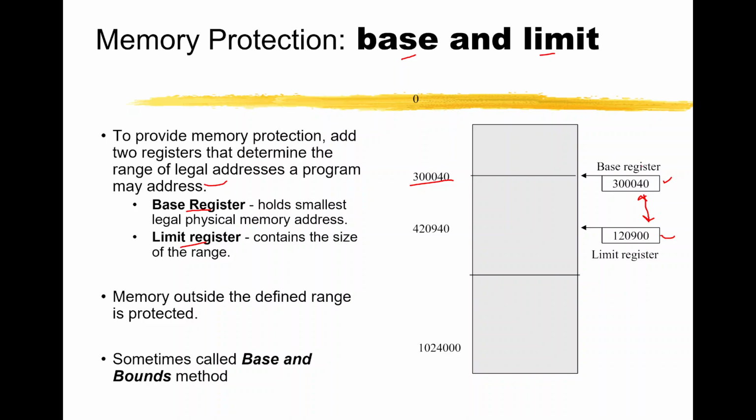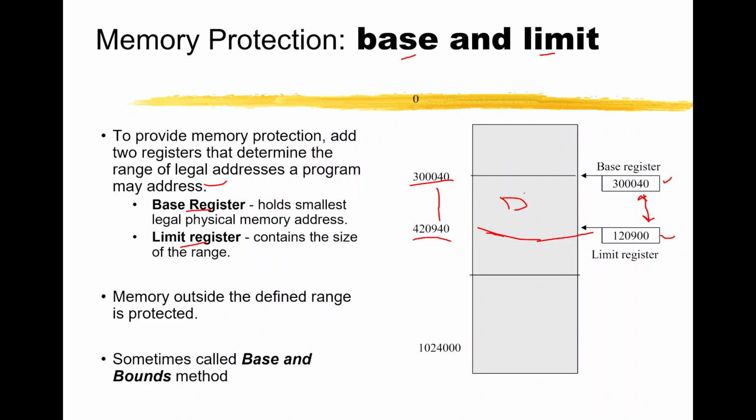So the base is where it starts, and the limit is how long it is, and therefore where it should stop picking data for that process. So it now knows it's going to pick from 300040 up till 420940, and then that data is fetched.